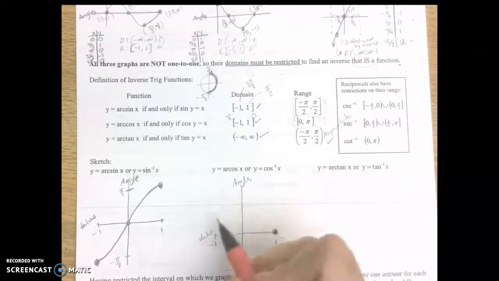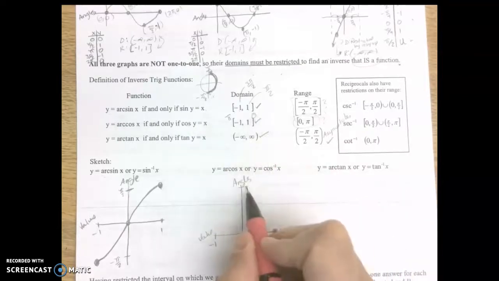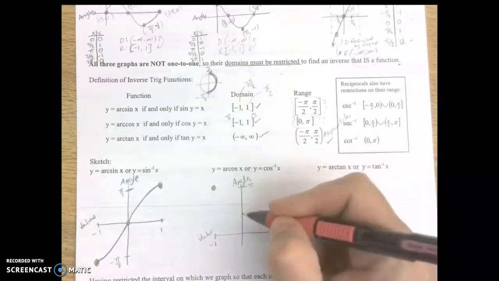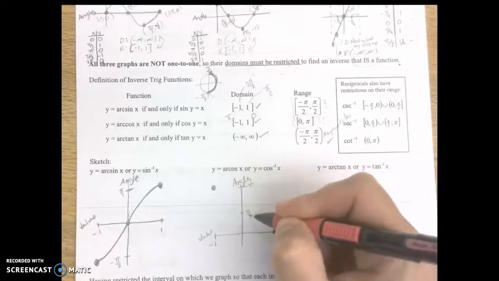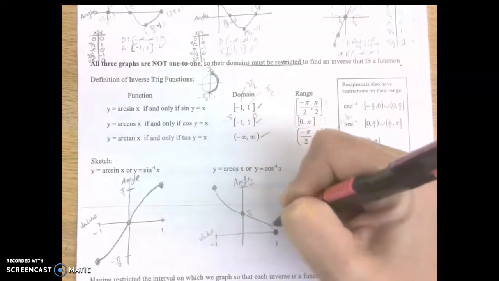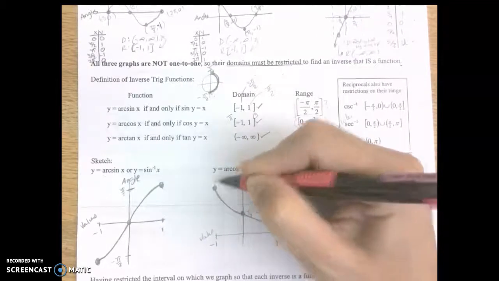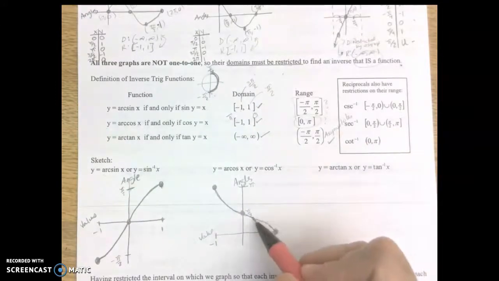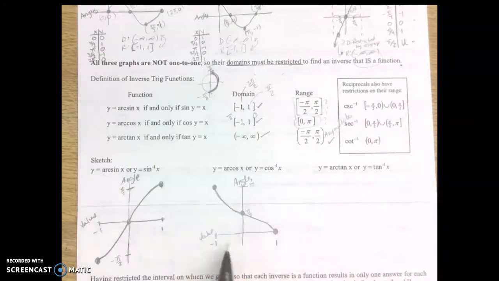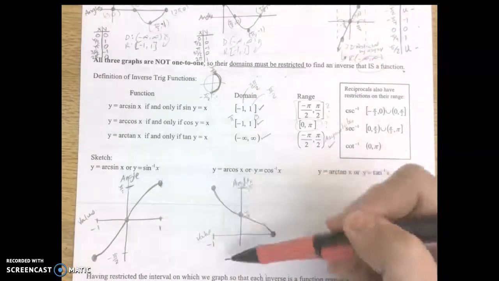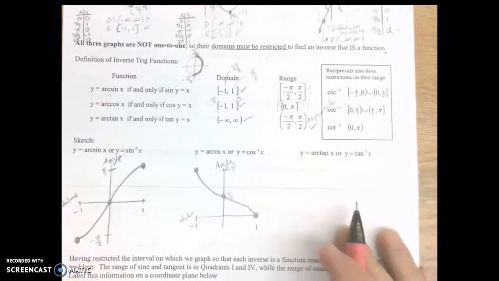At an angle of pi, I'll be at -1. And then pi over 2 is right here, and it will be 0. So the arc cosine looks like this. And of course, there are all these other little values in here. But this takes care of all of those actual values from -1 to 1. And it still follows the vertical line test, making it a function.